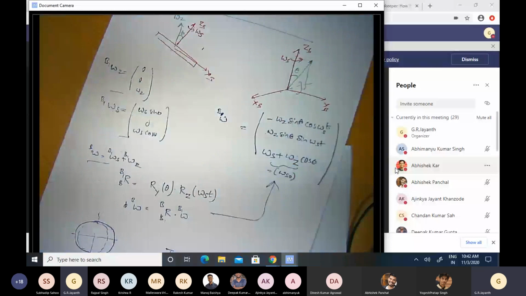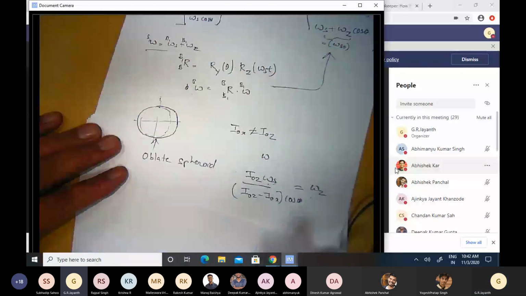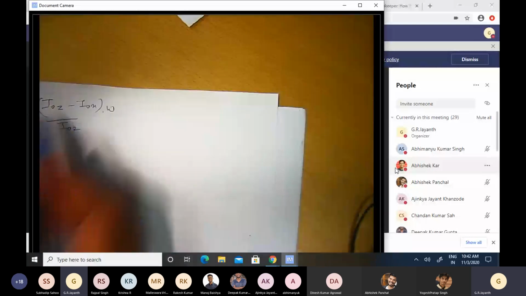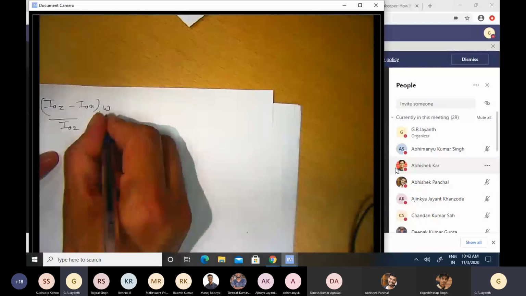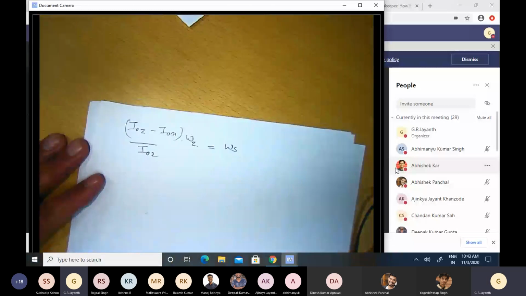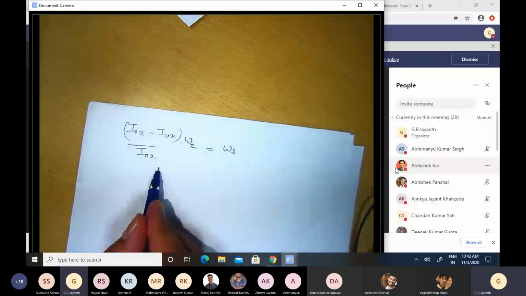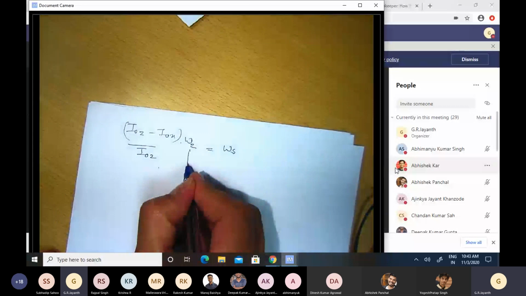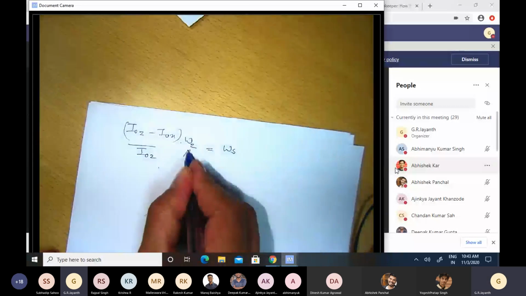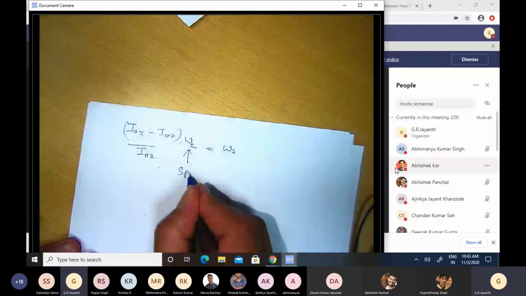I will just rearrange this equation and write it as I0z minus I0x times omega z is equal to omega s. Yeah. Now in this equation, I think my interpretation of these variables was wrong when I just now discussed. Omega z corresponds to the Earth's spin about its axis. So this is the spin speed of Earth.